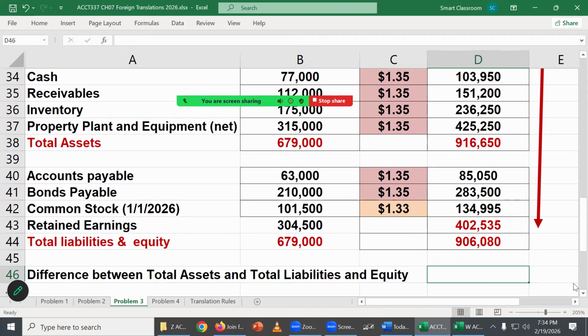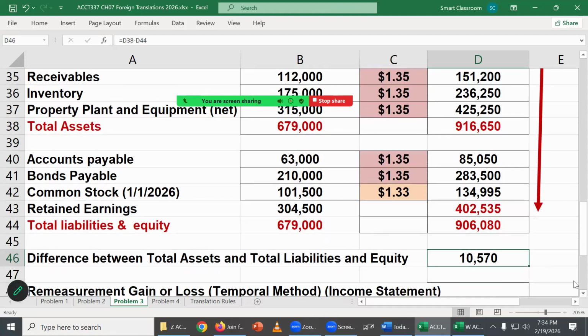And the difference is some number, like 10,000 something, I think. 10,570, and it looks like I had exactly what I came up with before.